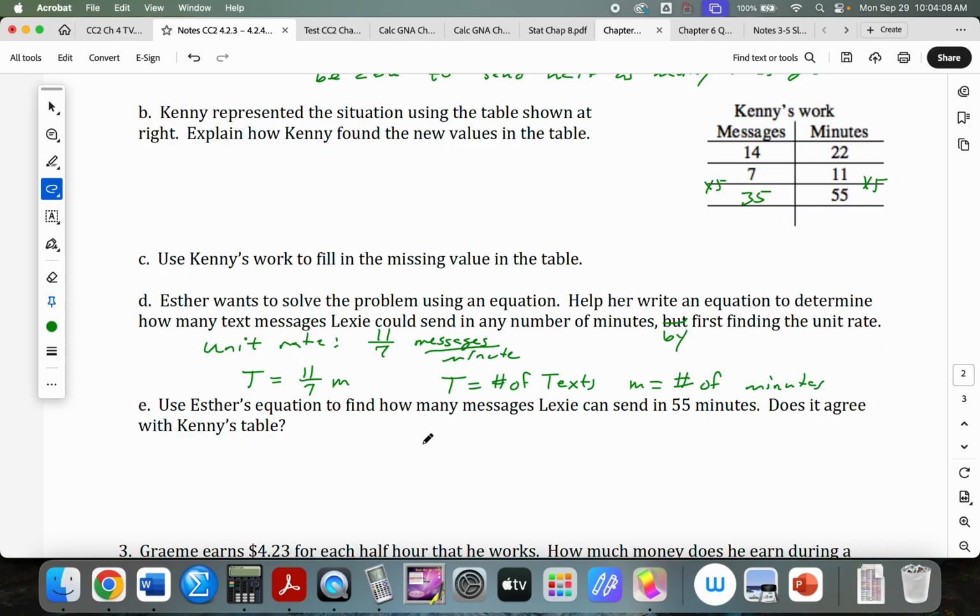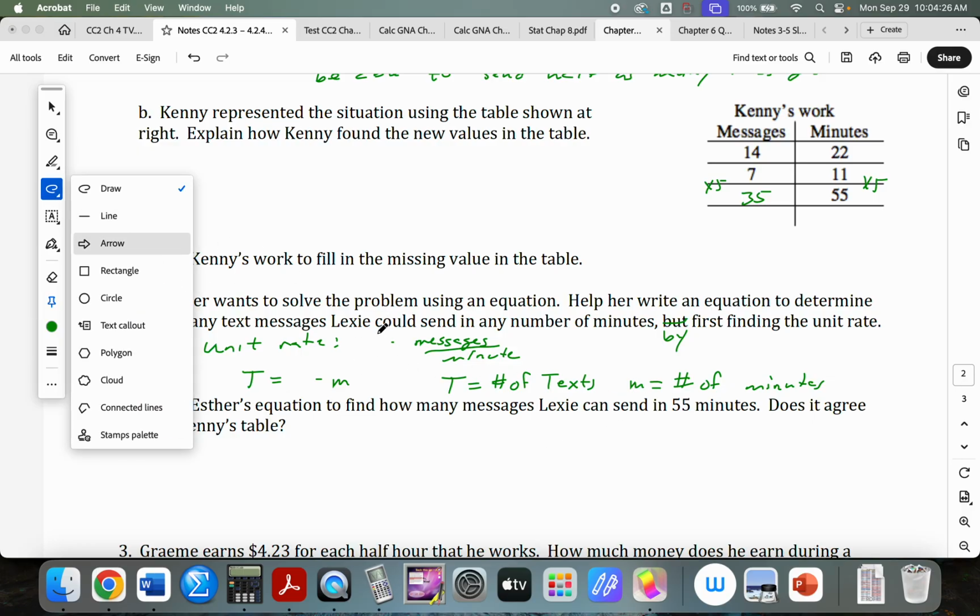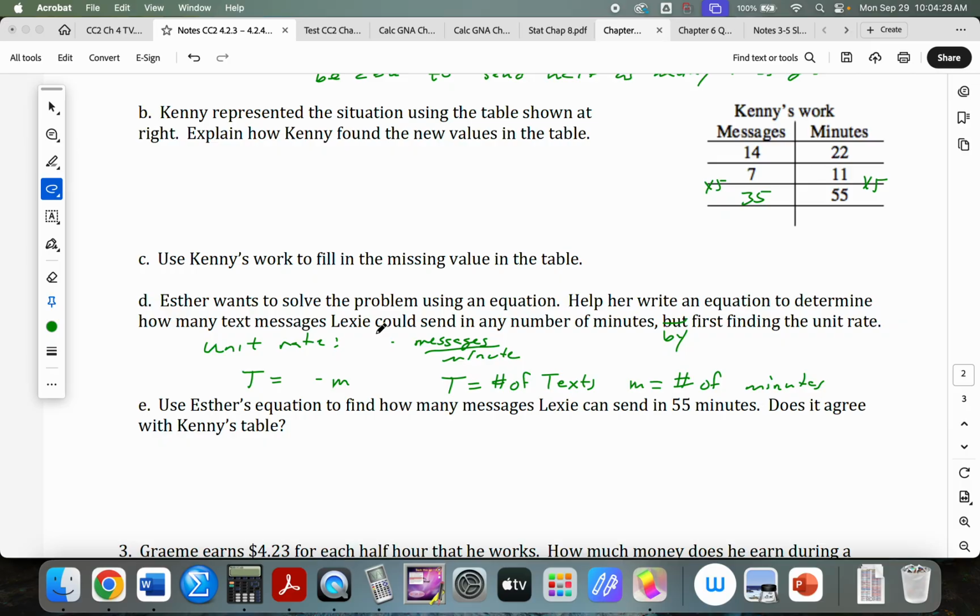So let's use Esther's equation. Yes, sir. 7 is the messages. Oh, I'm sorry. Thank you. I did that upside down. So it's 7/11.